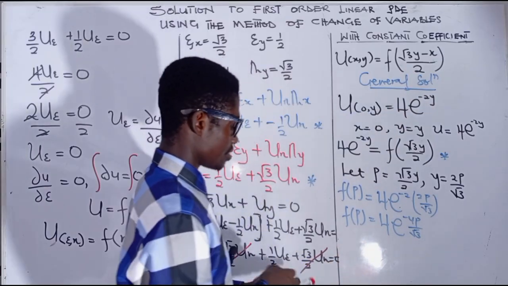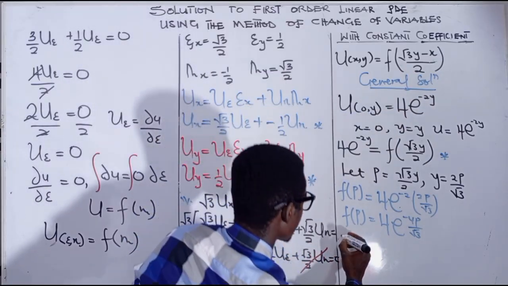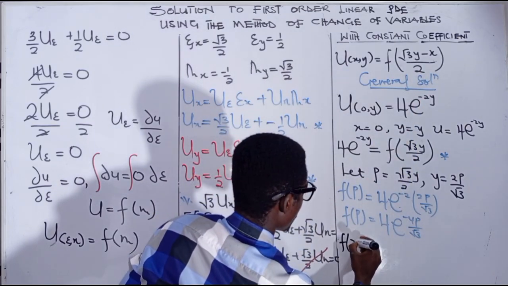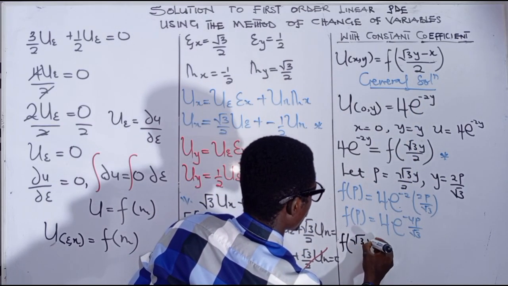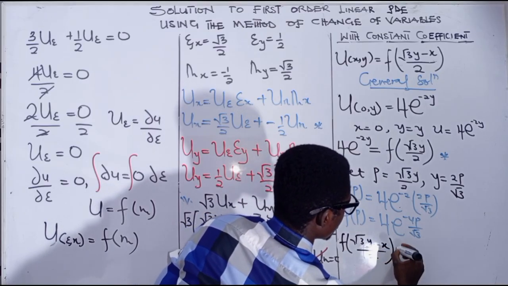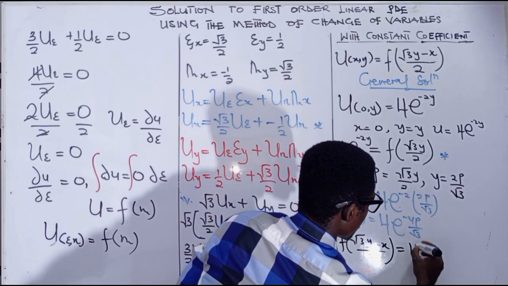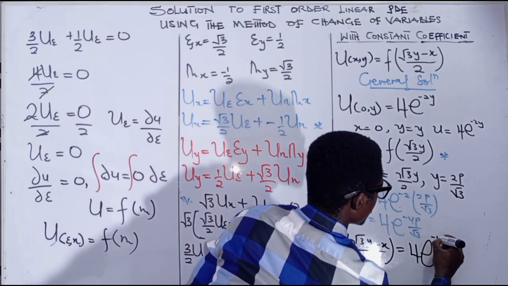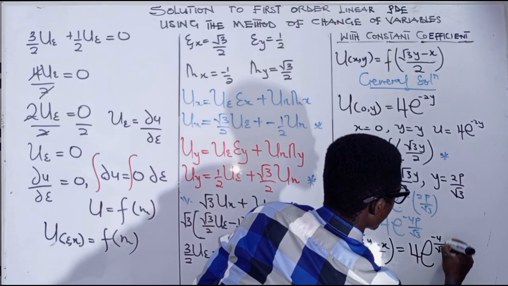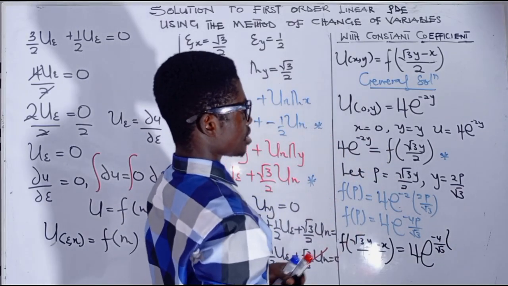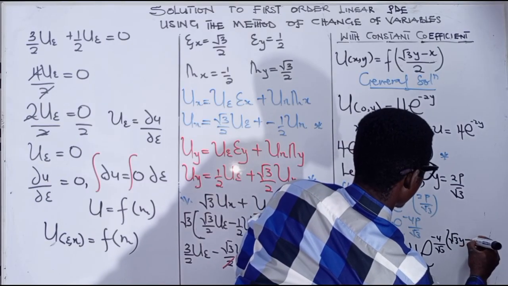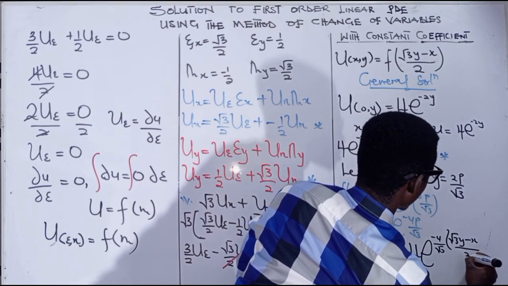So we have f at root 3y minus x all over 2 is equal to 4e exponent negative 4 times p. Our p is root 3y minus x all over 2.